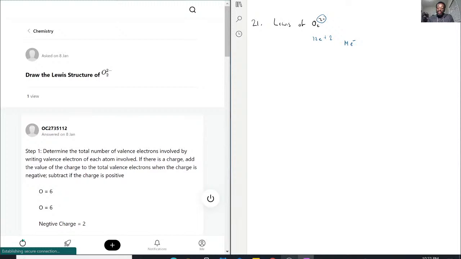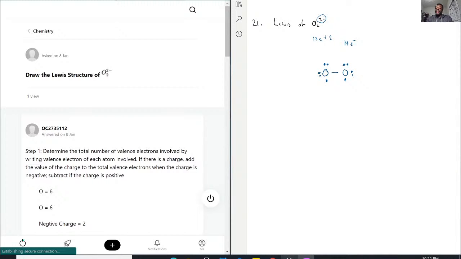So with that being said, we're going to drop the oxygens next to each other, O and O. And now we're going to fill in the current valence electrons that each has. So 1 is right now being shared. So 2, 3, 4, 5, 6. 2, 3, 4, 5, 6.